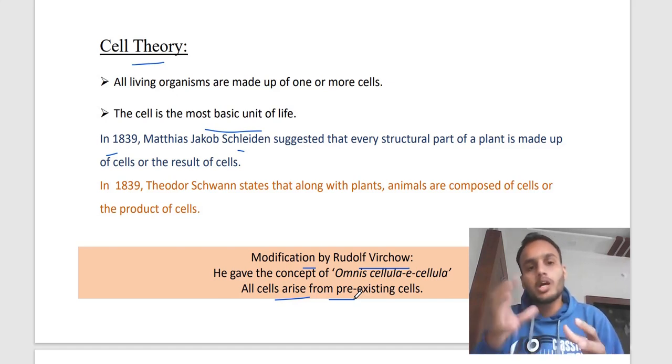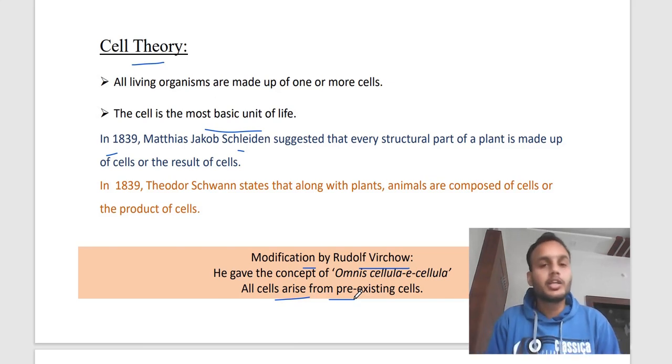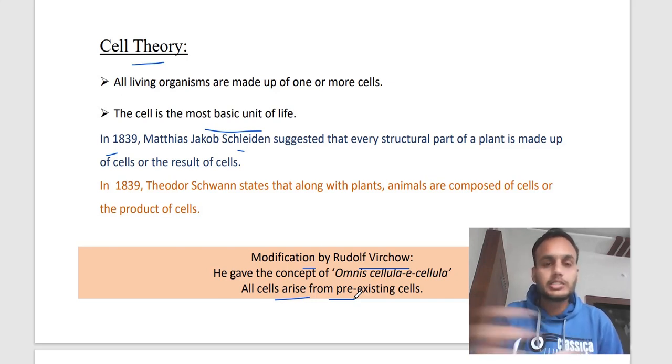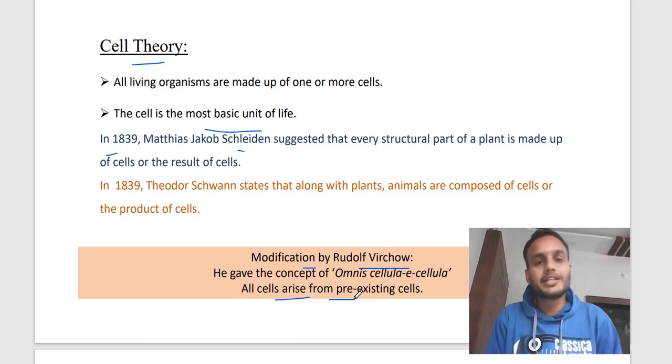And why do we call a cell a living entity? Because many reactions take place in it. Interconversions of compounds were taking place; one molecule was changed into another molecule. These changes were taking place automatically.